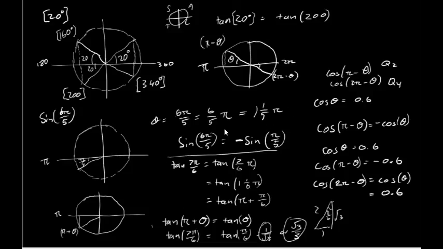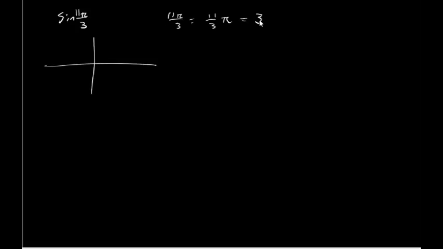And the very last one, I'm out of room here, so I'm just going to start a new page. We've got sine of 11 pi on 3. 11 pi over 3 is the same as 11/3 of pi, which is 3 and 2/3 pi.